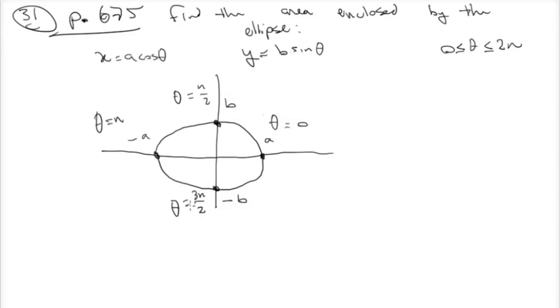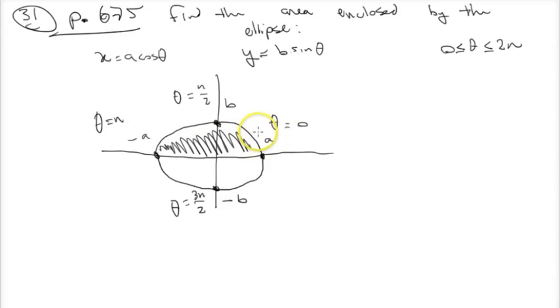So what we want to find is the area inside the ellipse. We could try to integrate for the whole function, but that gets a little messy because we dip under the x-axis. You can do it, but what's easier is to say, look, all ellipses have symmetry. The area up here is going to be equal to the area down here, so why not just find this area?